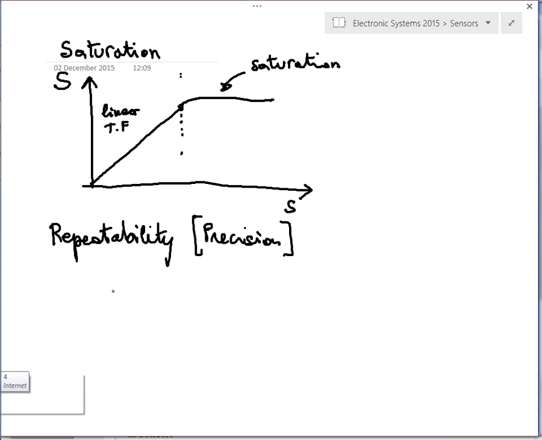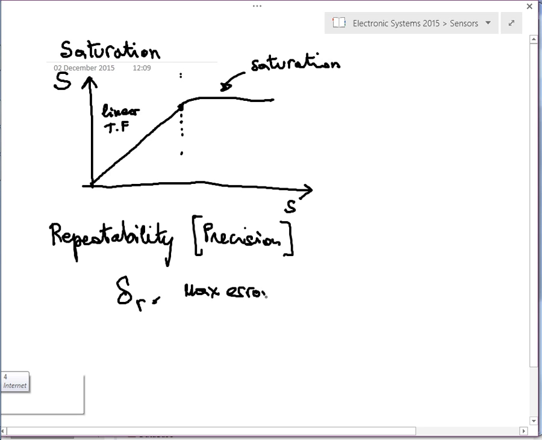Okay, so it takes into account the maximum error, typically the max error, relative to the full span, expressed in percentage.